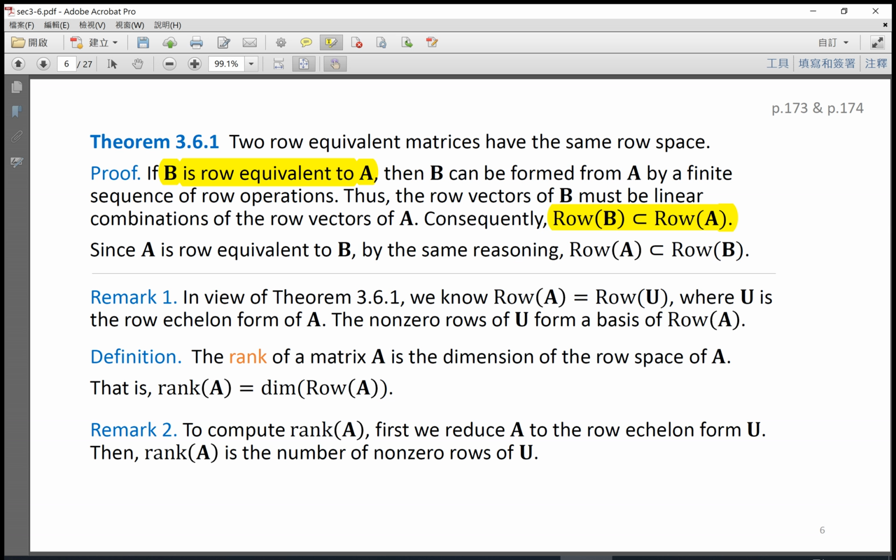By the same reasoning, if A is row equivalent to B, then row(A) is a subset of row(B). Because of the two inclusions, we can conclude that the two row spaces are the same. Therefore, we have proved row(B) equals row(A).